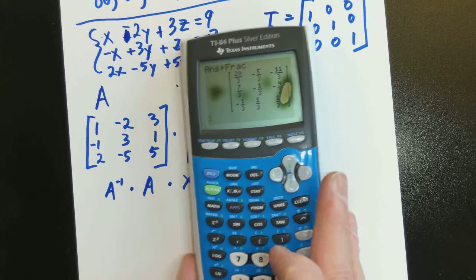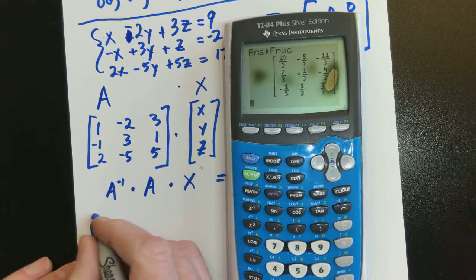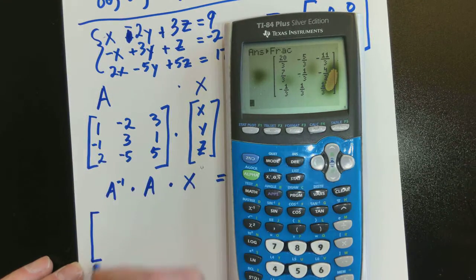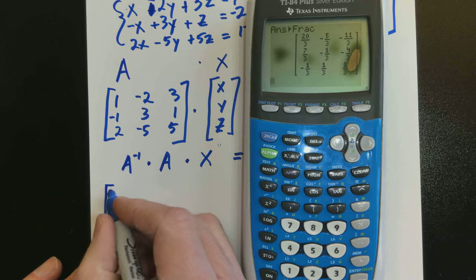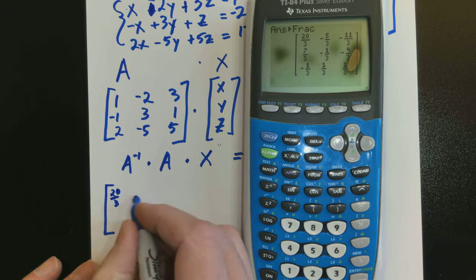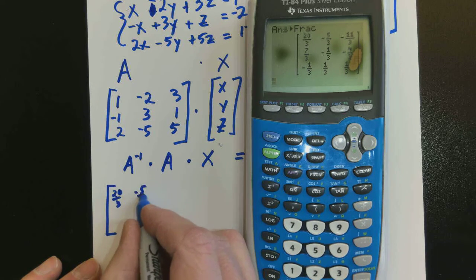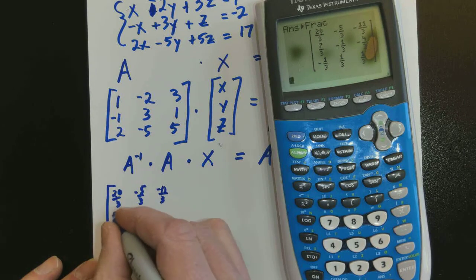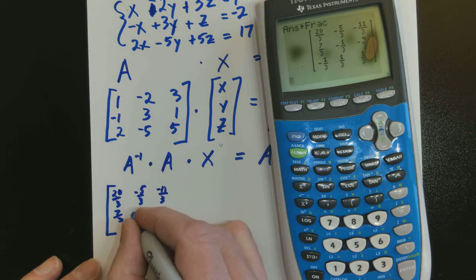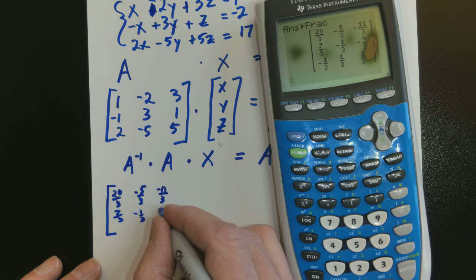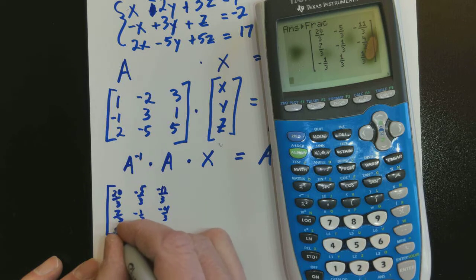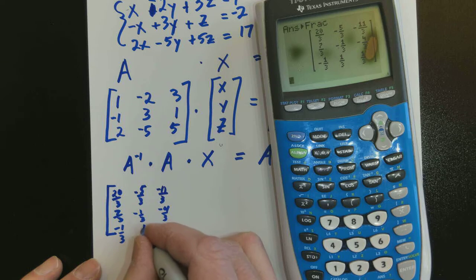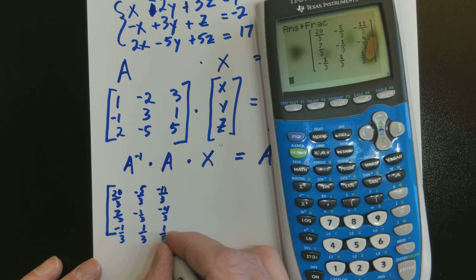And there is my inverse matrix, which I'm going to write down right now as 20 over 3, negative 5 thirds, negative 11 thirds, 7 thirds, negative 1 third, negative 4 thirds, negative 1 third, 1 third, and 1 third.